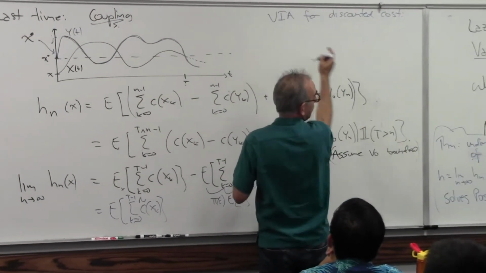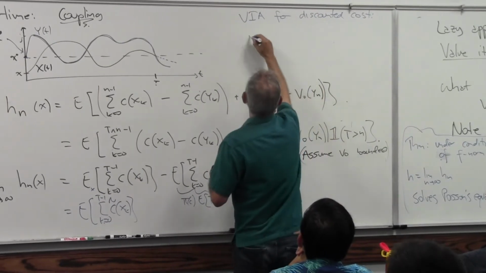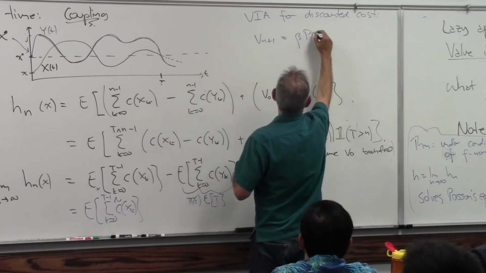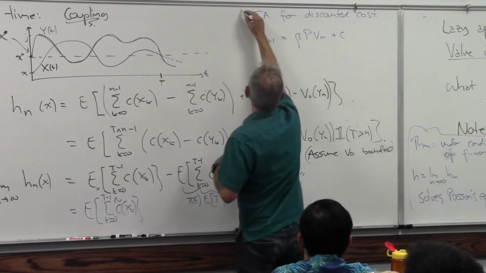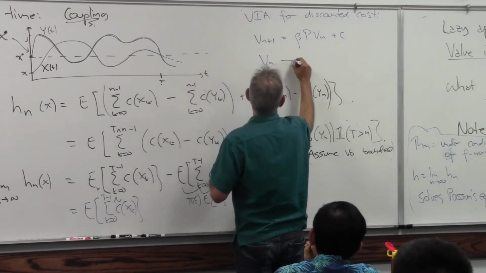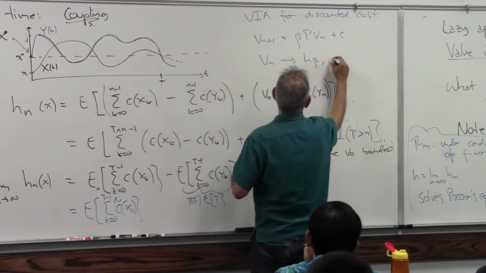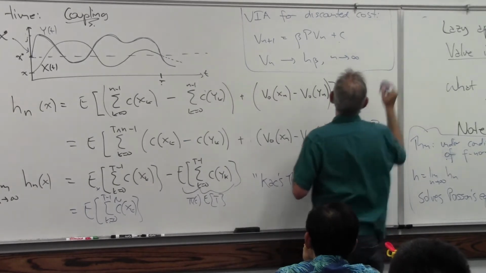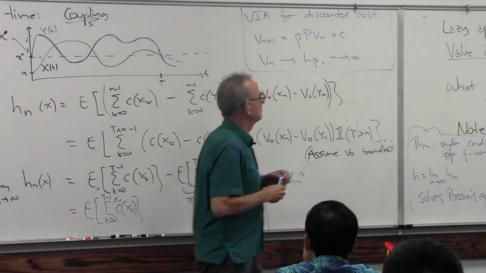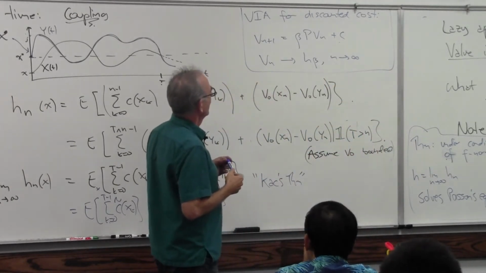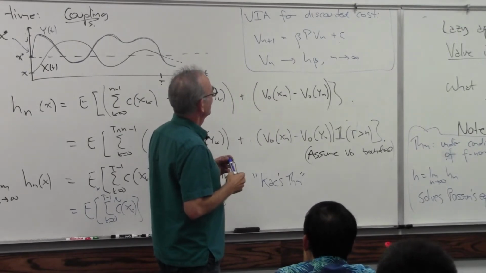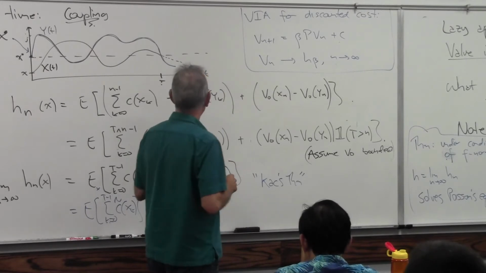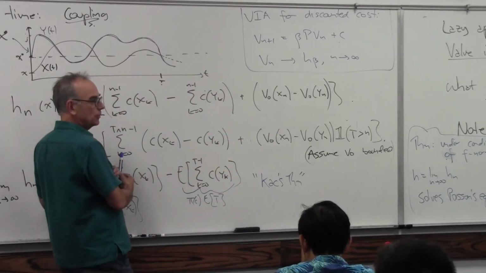So it's the same thing, right? I have Vn plus 1 equals, I put in a beta times PVn plus C. What I want to convince you of is this is still useful.